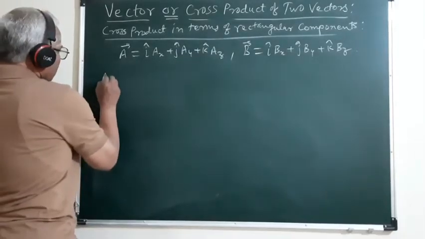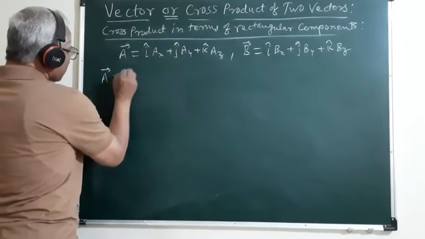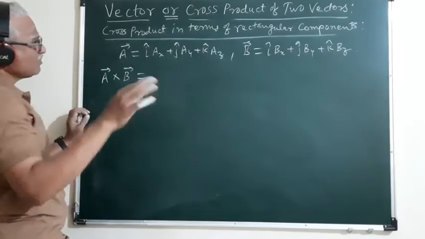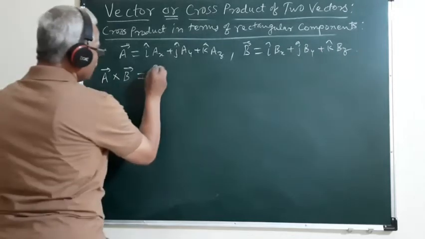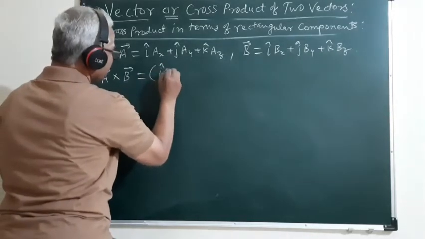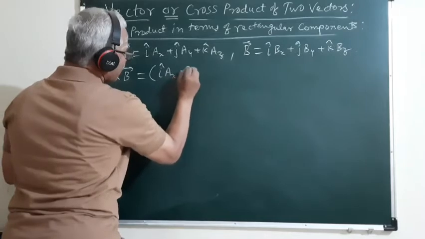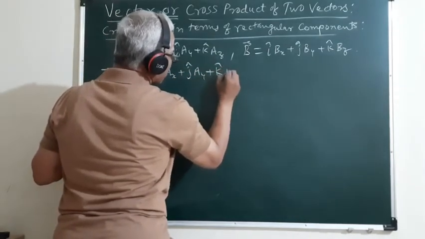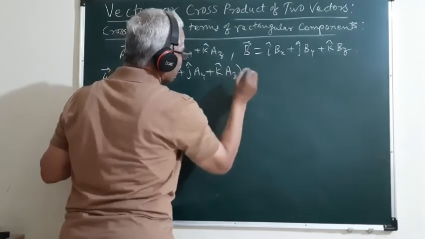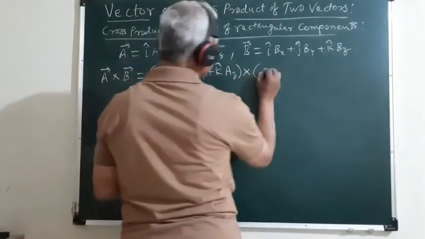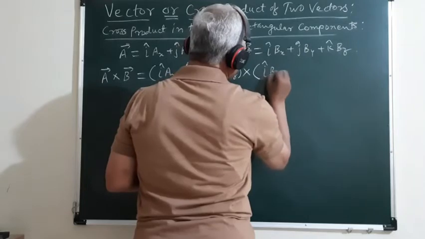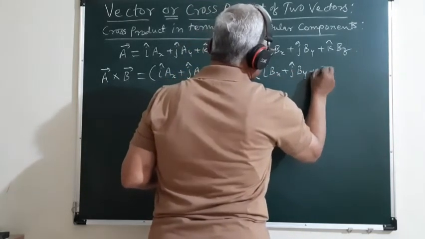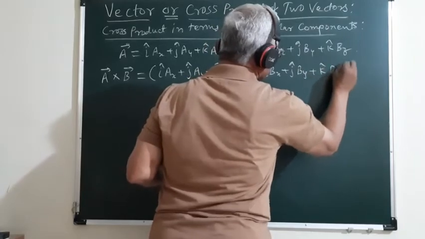So now if we want to evaluate the cross product of these two vectors a bar cross b bar in terms of these rectangular components, we can express it as i cap ax plus j cap ay plus k cap az cross into second bracket i cap bx plus j cap by plus k cap bz.